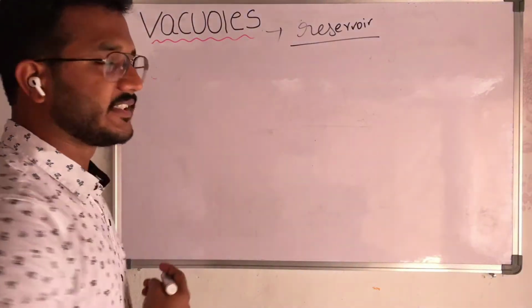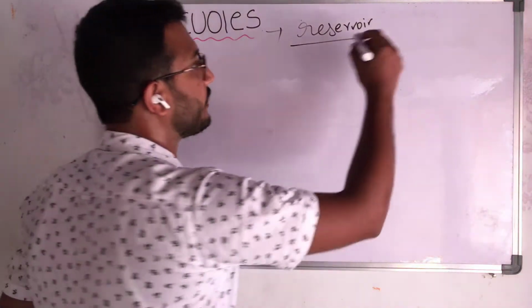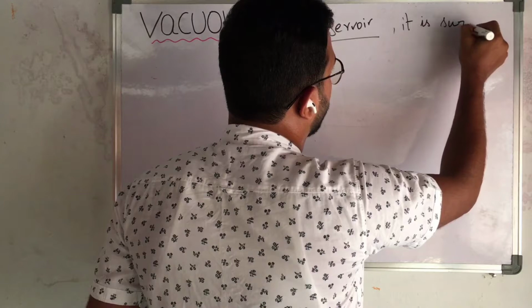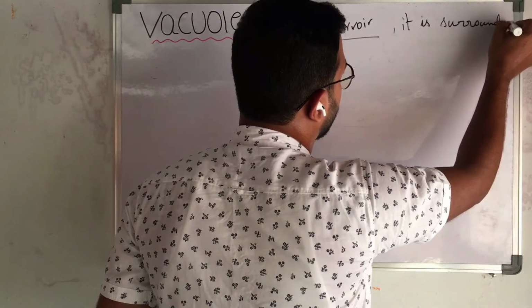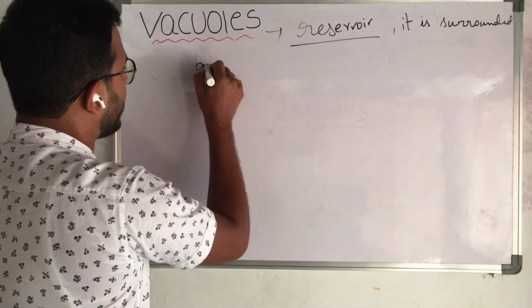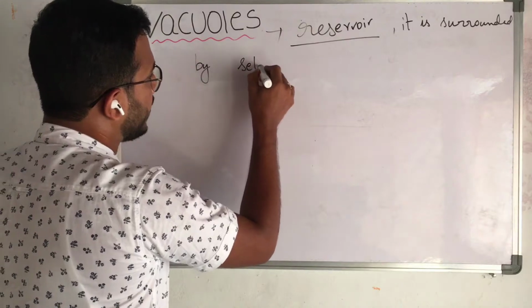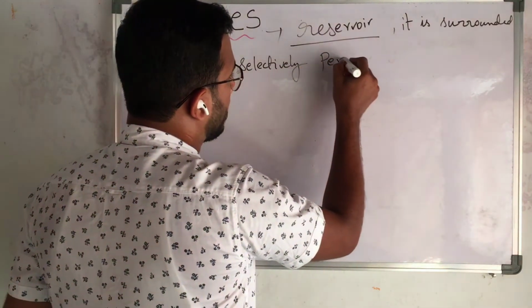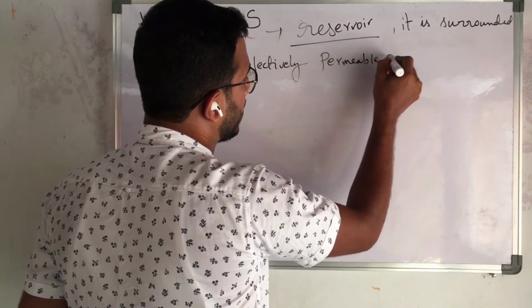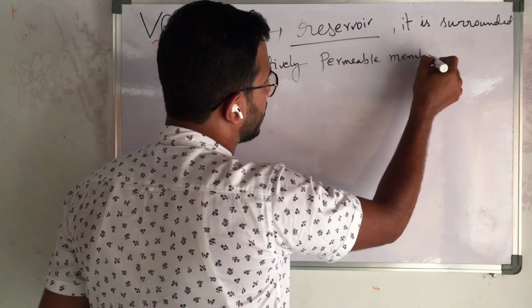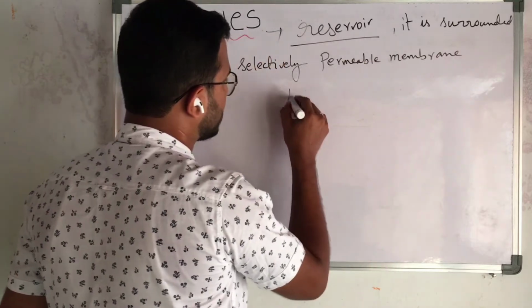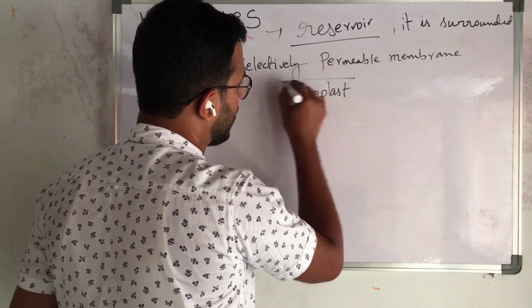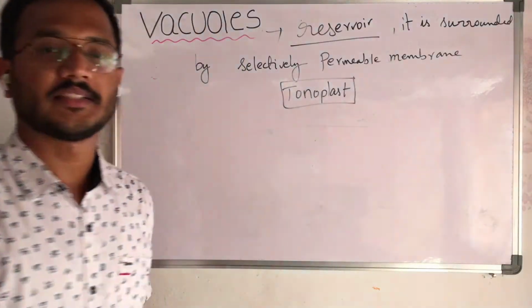It acts as a reservoir, and it is surrounded by a selectively permeable membrane. That membrane's name is tonoplast.